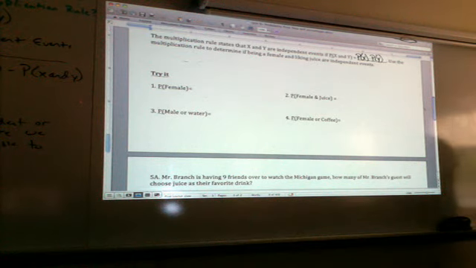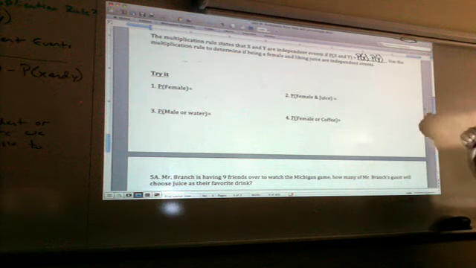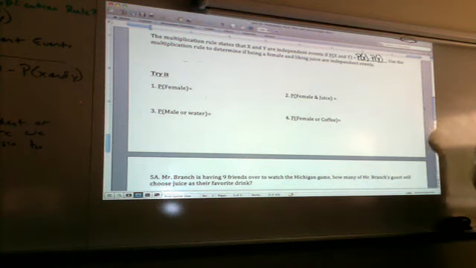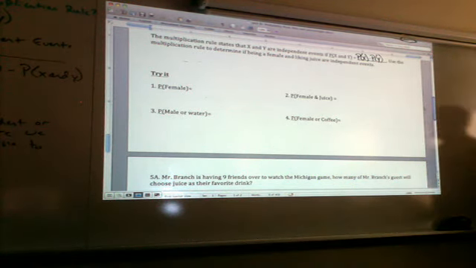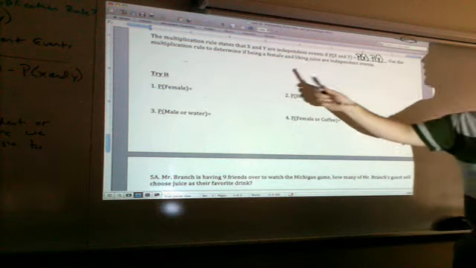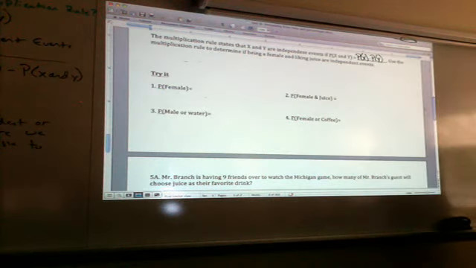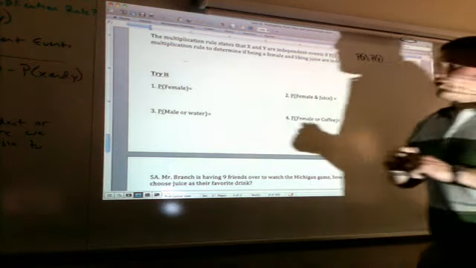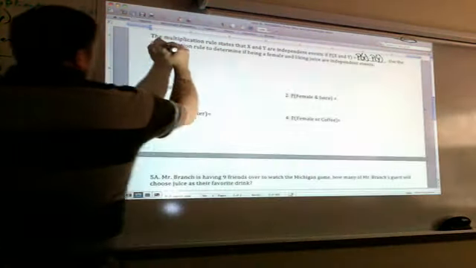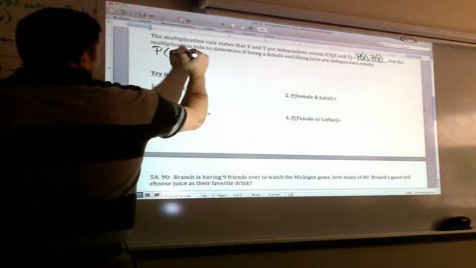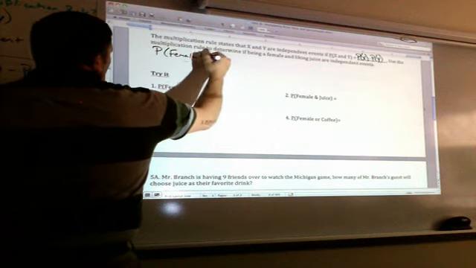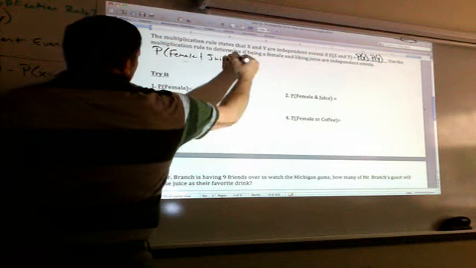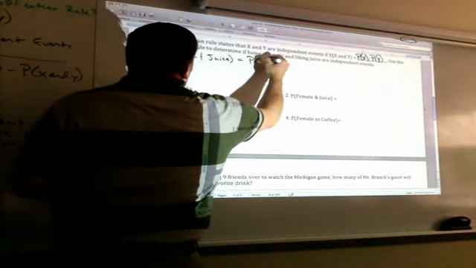Right? So now we're going to use this to determine if two events are independent or not. Gentlemen, please stop whistling. So the two events I'm worried about are being female and liking juice. We want to know if those events are independent. If they're independent, then what's true about being female and liking juice and the probability of it?